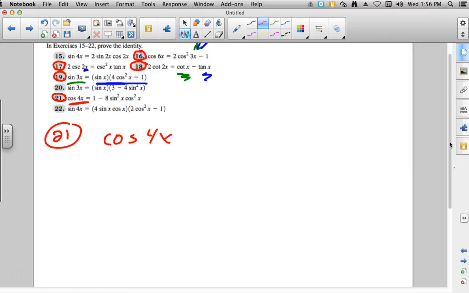So my first thought was, I think I'm going to make this the cosine of 2 x's, using that double angle formula. And if we use the double angle formula for cosine, we'll get 1 minus 2 sine squared of 2x.